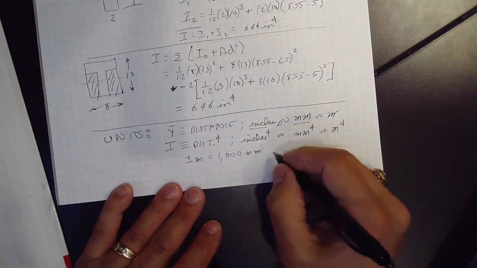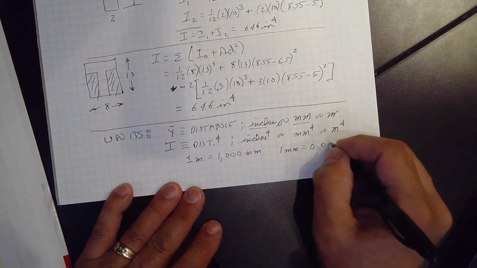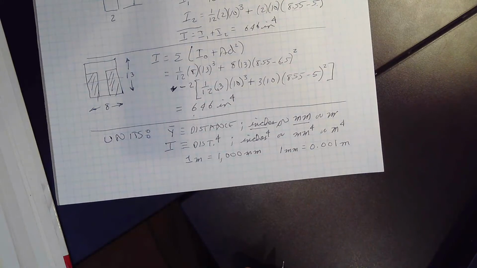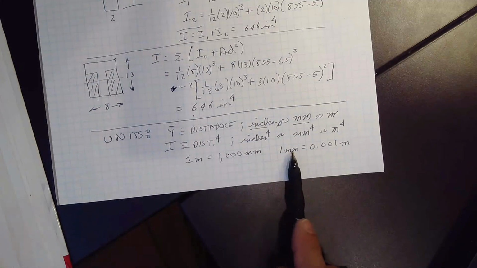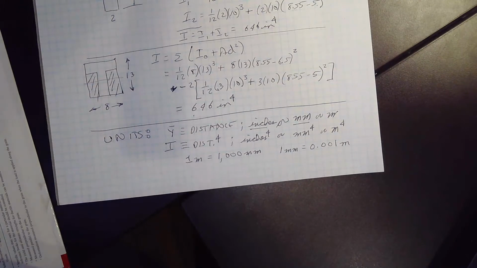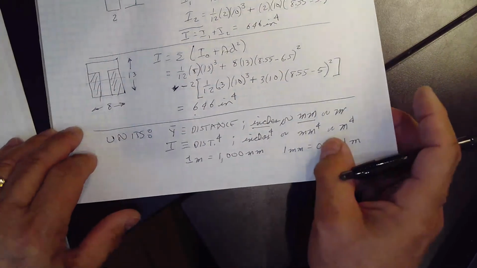Or the other way to say that, 1 millimeter is equal to 0.001 meters, 10 to the minus third. So when you're calculating your moments of inertia, just be careful, even in metric, of what your moments of inertia are. Watch those units. No crashing into Mars.